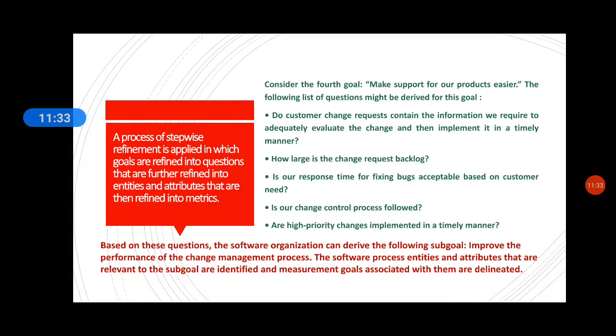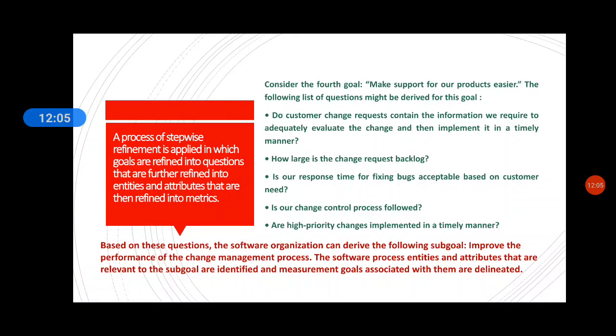How large is the change request backlog? The next query is, is our response time for fixing bugs acceptable based on customer need? Is our change control process followed? Are high priority changes implemented in a timely manner?